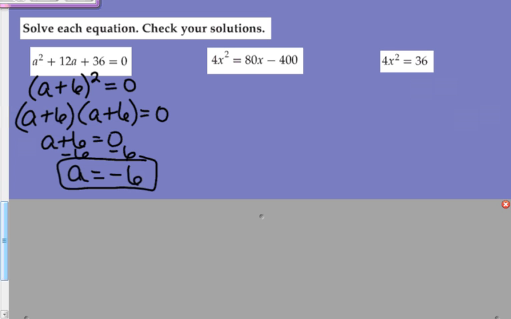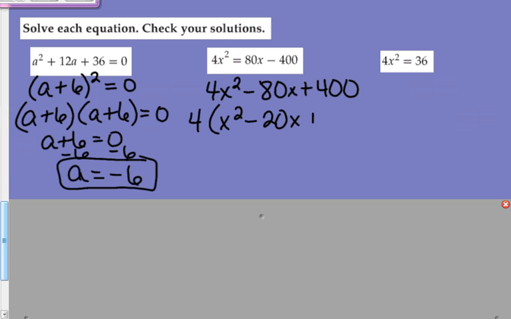All right, in the next one, let's take everything over to the side where it's 4x squared minus 80x plus 400. And then we're going to take a 4 out of the whole thing. So we'll get x squared minus 20x plus 100.